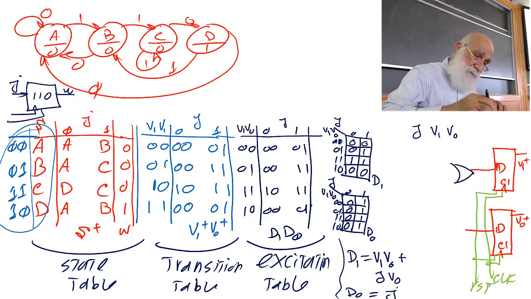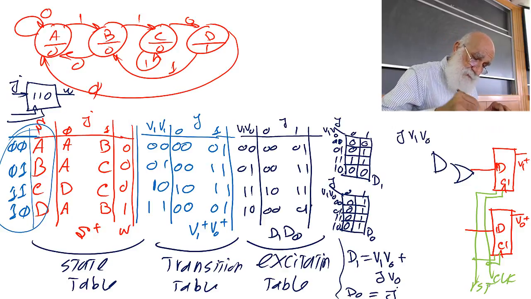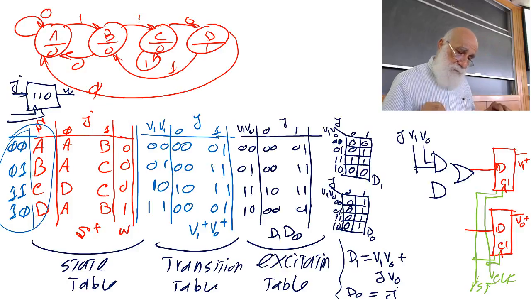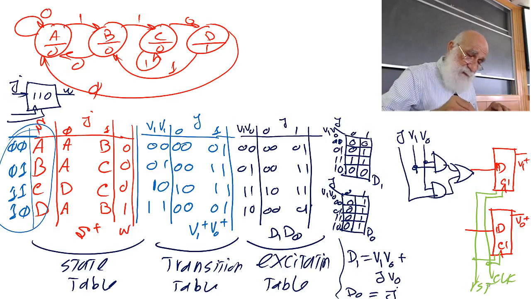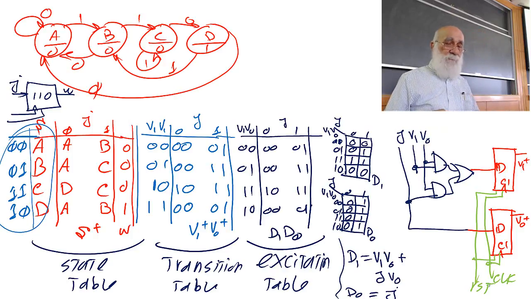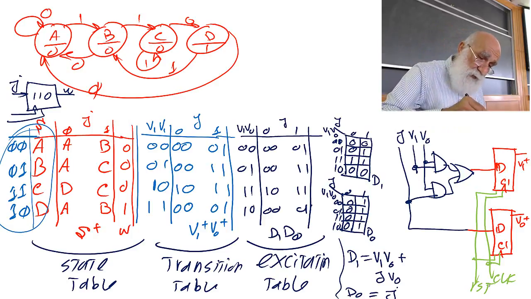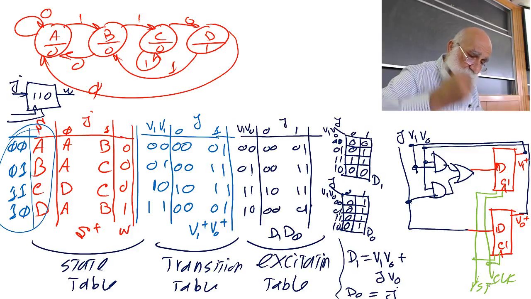For D1 you have an OR gate, you have an AND gate on V1 and V0, and an AND gate on J and V0, ORed together, and D0 is simply J. Then V1 plus becomes V1, V0 plus becomes V0.